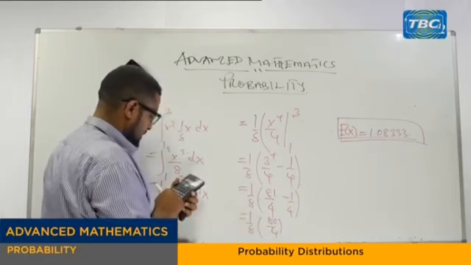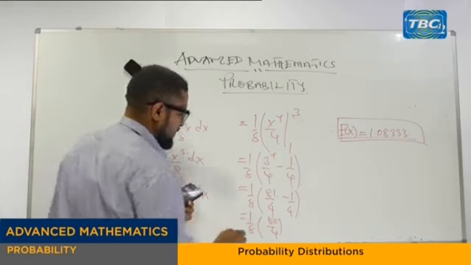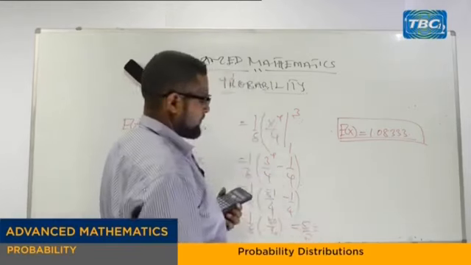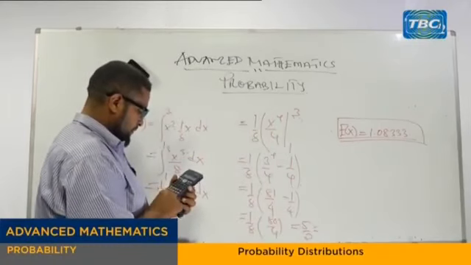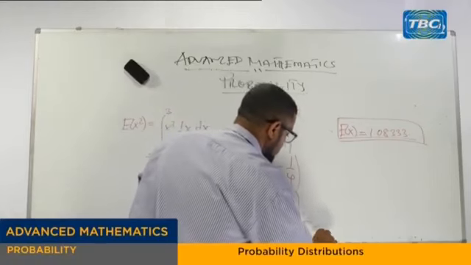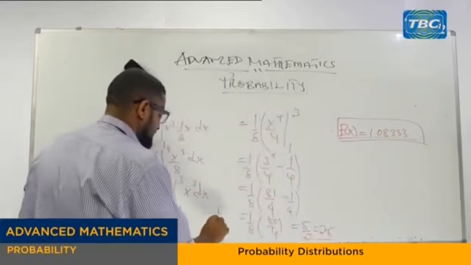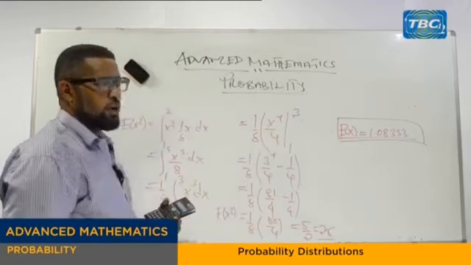So you multiply by 20, we will get 5 over 2. When you simplify more, you will get 2.5. And that is the value of the expectation when the variable is squared.